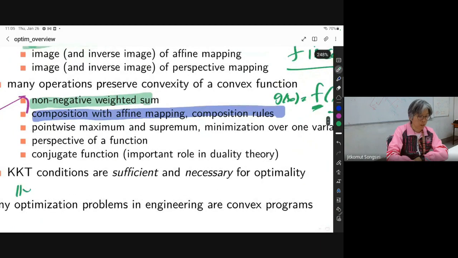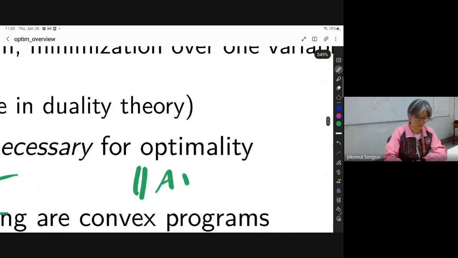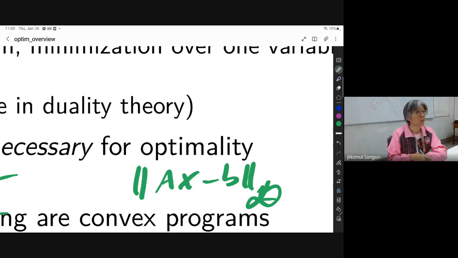Example: norm square is convex. If I composite it with phi, convex or not? The result is convex. Again, Chebyshev approximation. The infinity norm is also convex because it's just a norm.